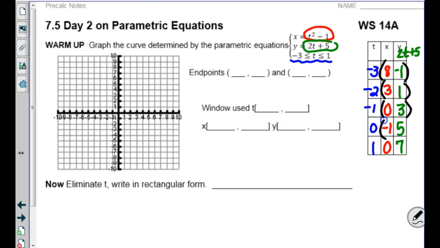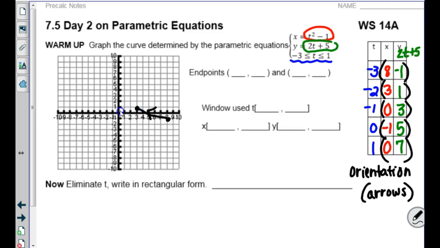We do have to indicate orientation. Does anybody remember what orientation is? Orientation is the direction that it graphed in as you went from -3 to 1. So you have to put arrows showing direction. All right, so if we start at 8, -1, and then we go to 3, 1, we're moving in this direction.